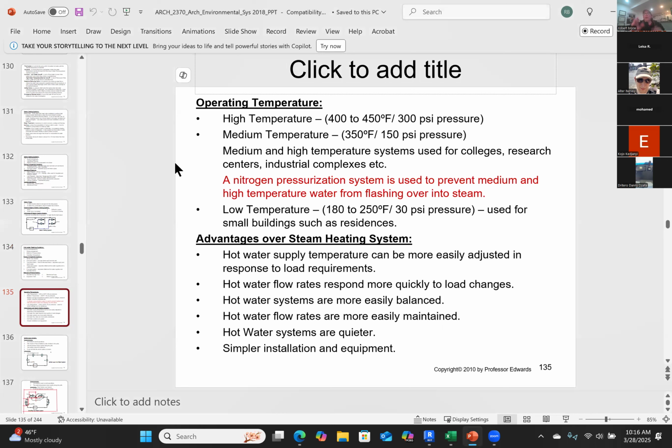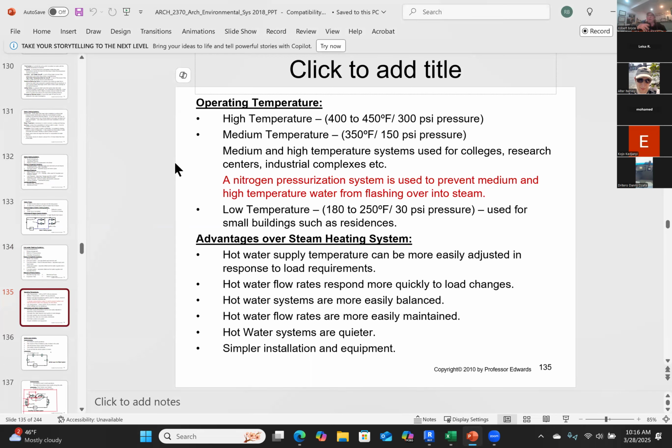So operating temperatures, again, I don't need you to memorize what the range of temperatures are, but recognize that there really is a high, medium, and low, just like the three bears, just right, not good enough, too good, whatever three components are. We've got high, medium, and low temperatures. And I think that's adequate enough for you to understand that there could be different temperatures.